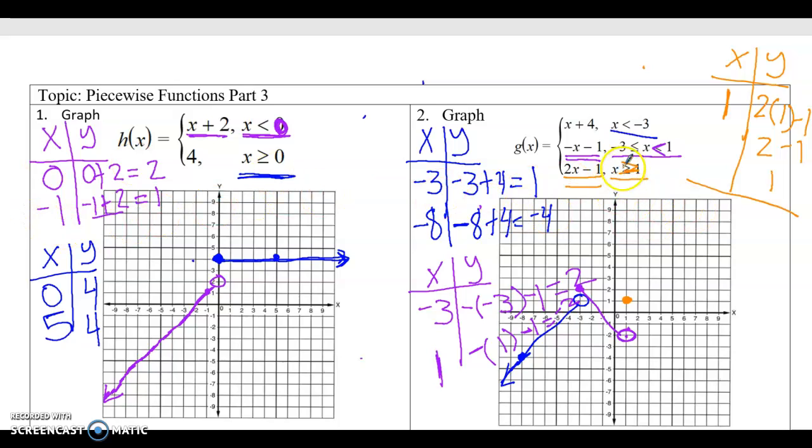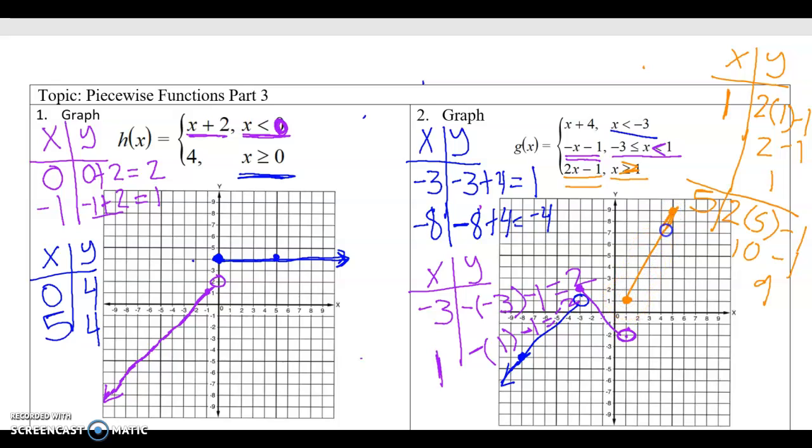So now let's pick another point that makes this statement true. And let's just say, let's try 5. You could pick any number that's greater than 1. I just picked 5, which is random. So 2 times 5 minus 1, that's 10 minus 1, which is 9. So 5 comma 9, and then we're going to connect them.